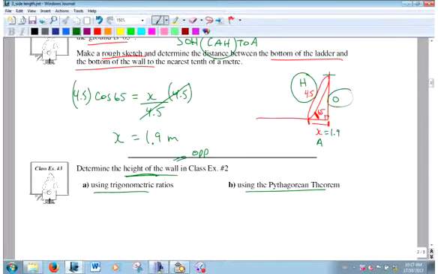I want opposite. I'm given hypotenuse. Which one has O and H? Sine ratio. The sine of 65 is, let's just call it O, the height of the wall, over 4.5.